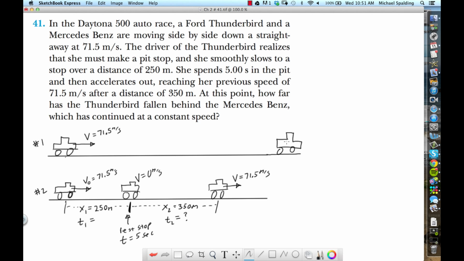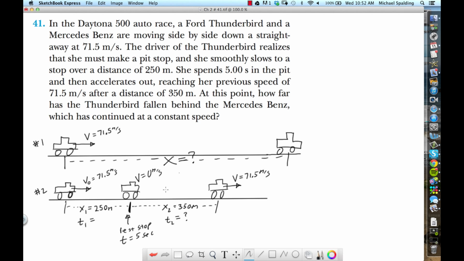All right, so what the problem wants us to do is figure out how far ahead car 1 is compared to car 2. So car number 1 travels this distance, which we'll call x, and we're going to have to solve for this. What is this distance here?